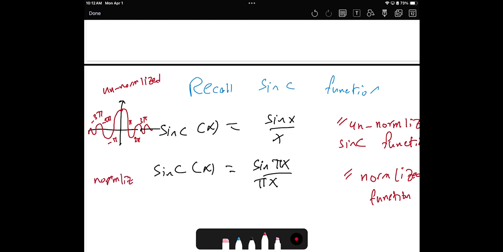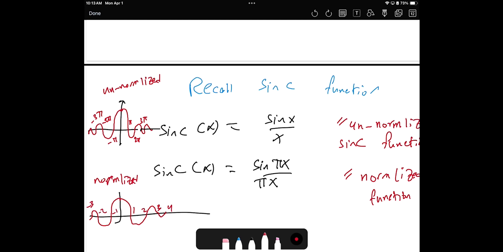In the normalized one, you will not see the pi at all. For example, like this: here is 1, and the zero crossings will be at 1, 2, 3, 4 instead of pi, 2 pi, 3 pi, and here negative 1, negative 2, negative 3.